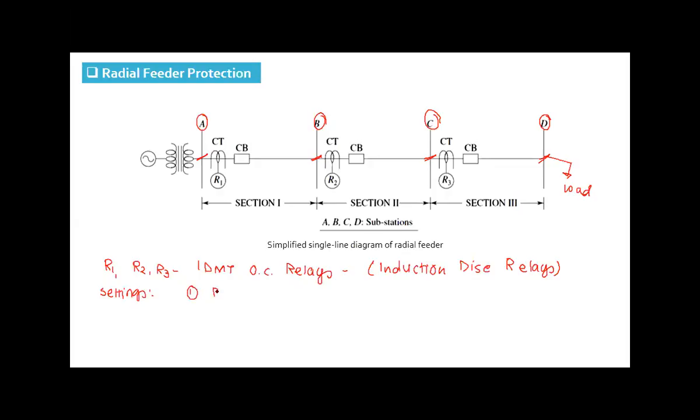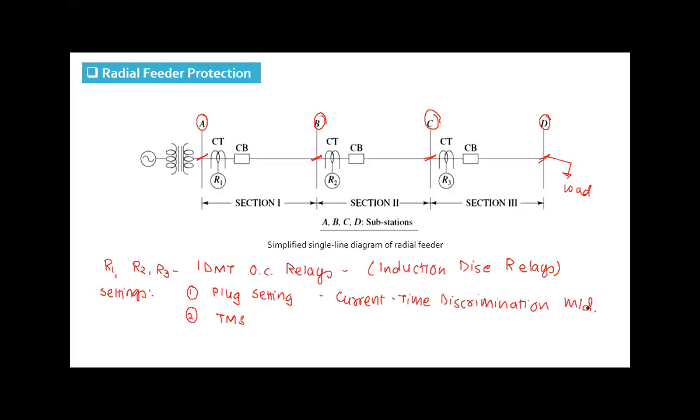One is called the plug setting, and the second is called the time multiplier setting, TMS. And the protection here is done using the current time discrimination method, where the relays used are IDMT.